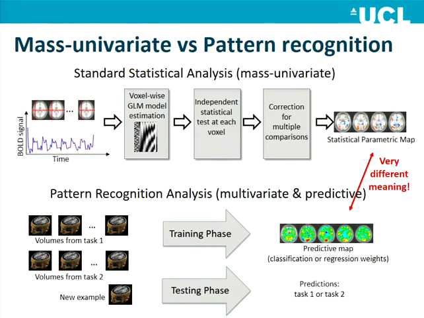But with pattern recognition, we are using the whole pattern. It's a multivariate approach, so it can be sensitive, but also it has the issue that we cannot make inference at the voxel level. We can only make inference at the pattern level. So I think that is something important to have in mind.